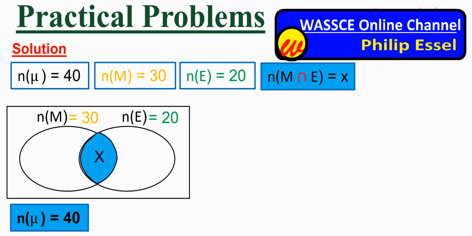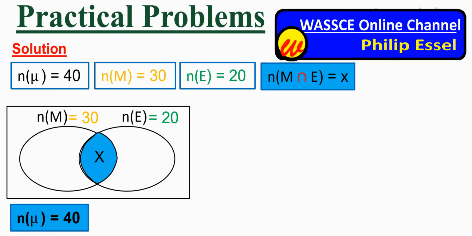I believe you are not confused about this. When we were looking at shading the various regions of a Venn diagram for 2 set problems and for 3 set problems, we looked at something like this. So that is the section that represents M intersection E.